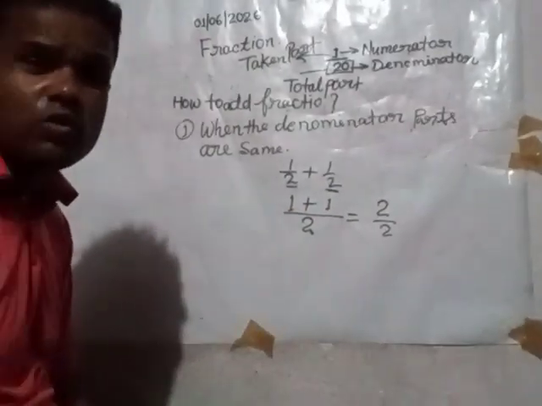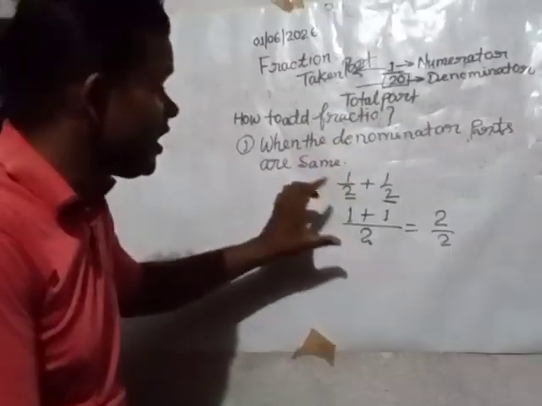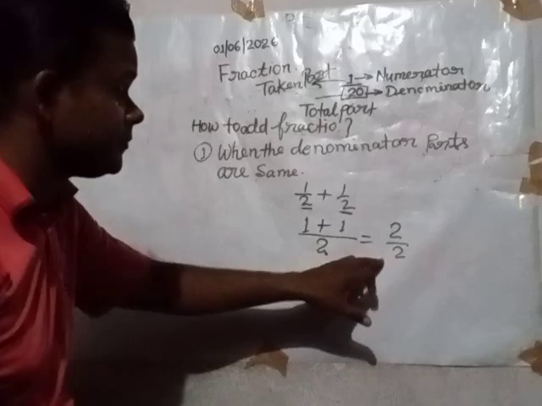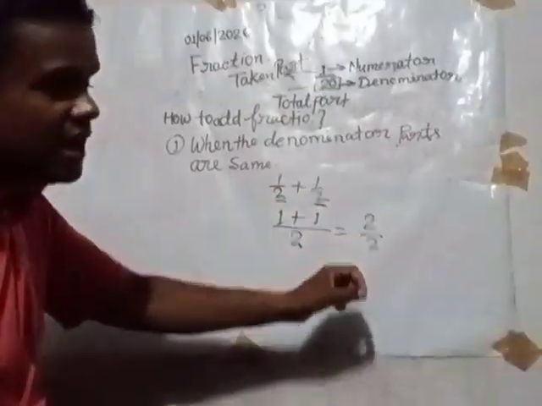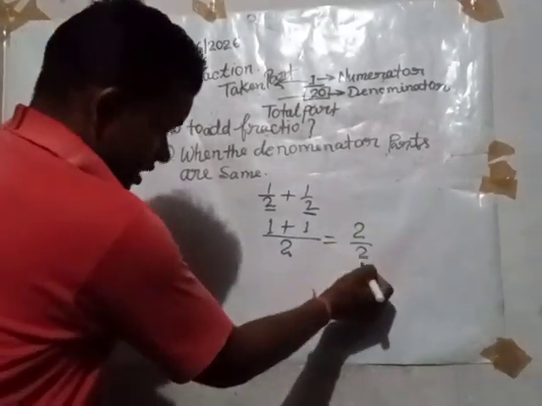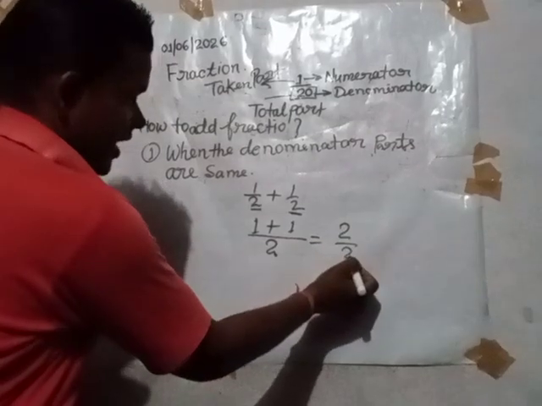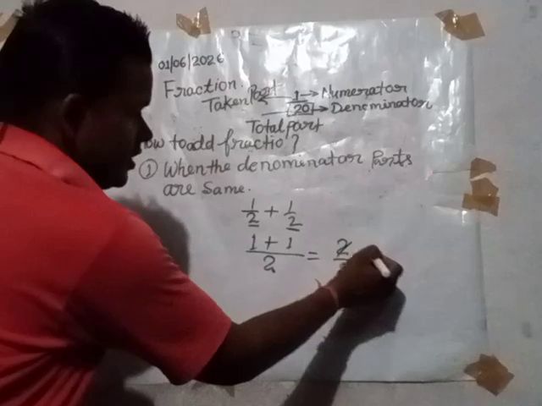Here we try to understand what is simplest form. Simplest form means there is no common number in the numerator and denominator except 1. That fraction is called simplest form. Here observe, 2 is a common number, so we divide by 2 one time.